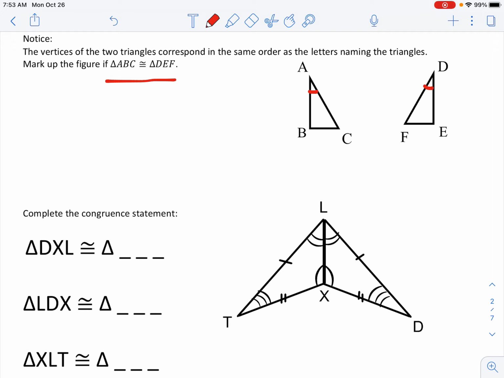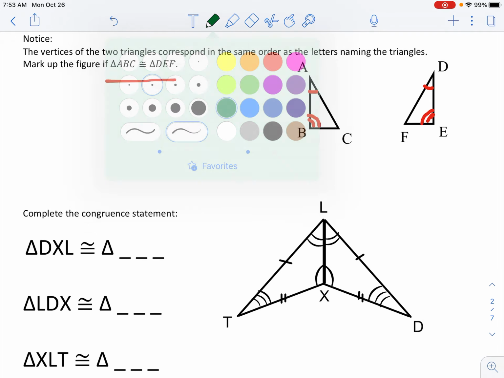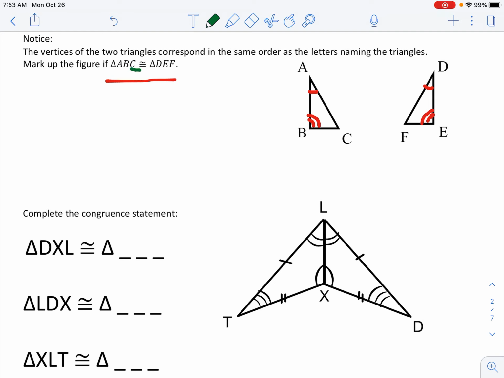They go together, they're in the same spot. Angle B is the middle letter, so I'm going to put 2 curls by angle B. Angle E is the middle letter, so I put 2 to show that they go together. C and F are the last letters, so C gets 3 and F gets 3.